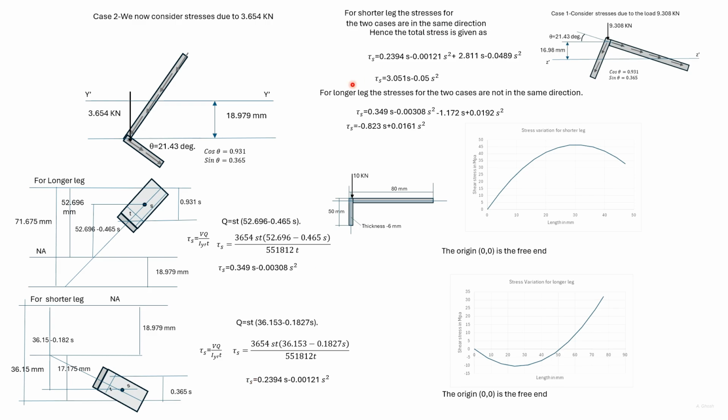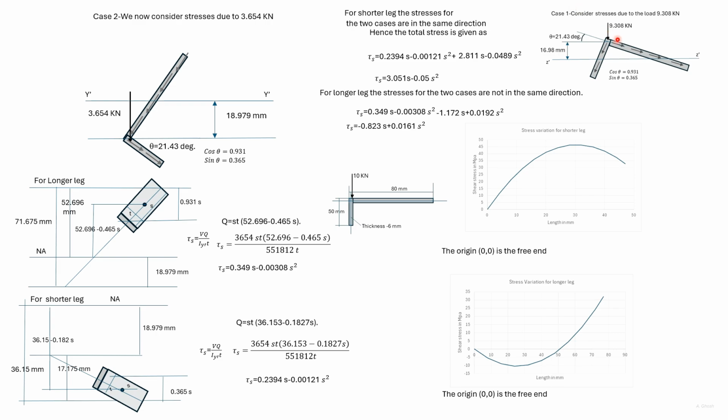We can now determine the shear stresses for both the cases or both loads. So for the shorter leg, we add up the expressions and we get this expression for tau S. For the longer leg, the directions of the two cases are different.